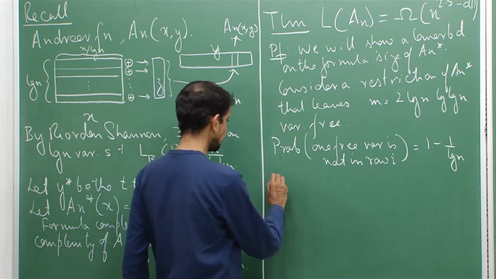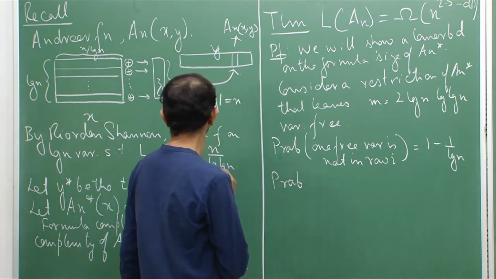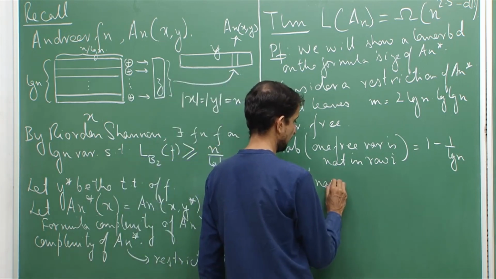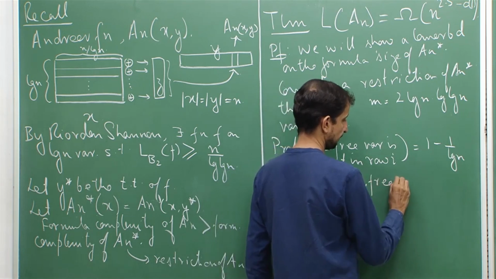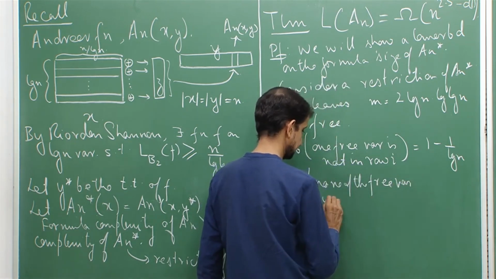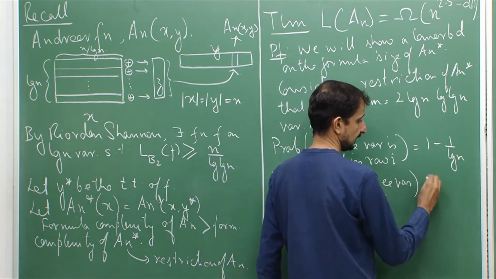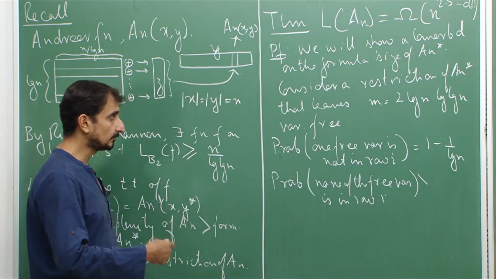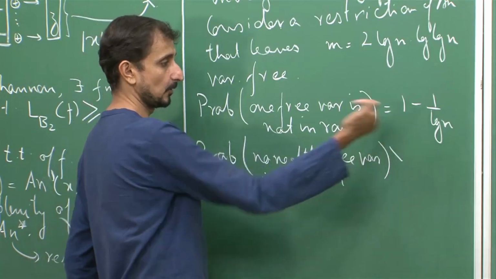Now, the probability that none of the free variables is in row i is how much? I have a total of m free variables. For one free variable, the probability of it not being in row i is this.